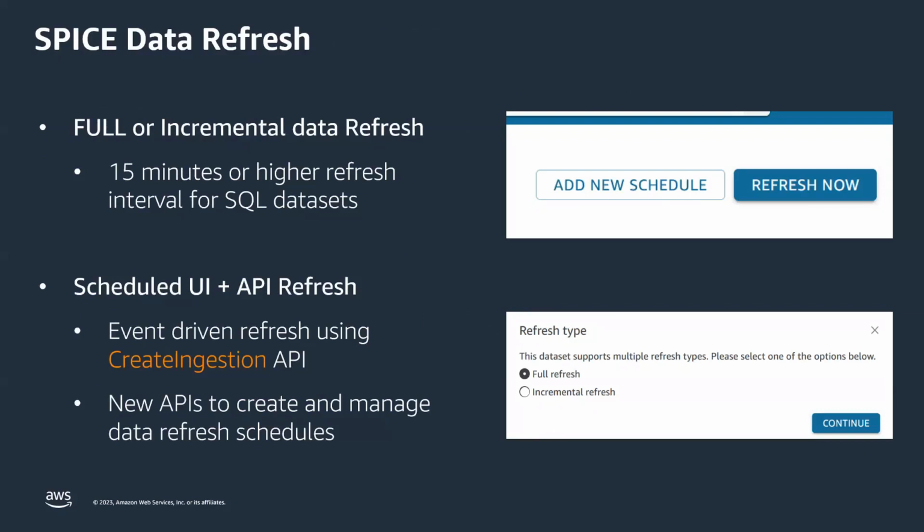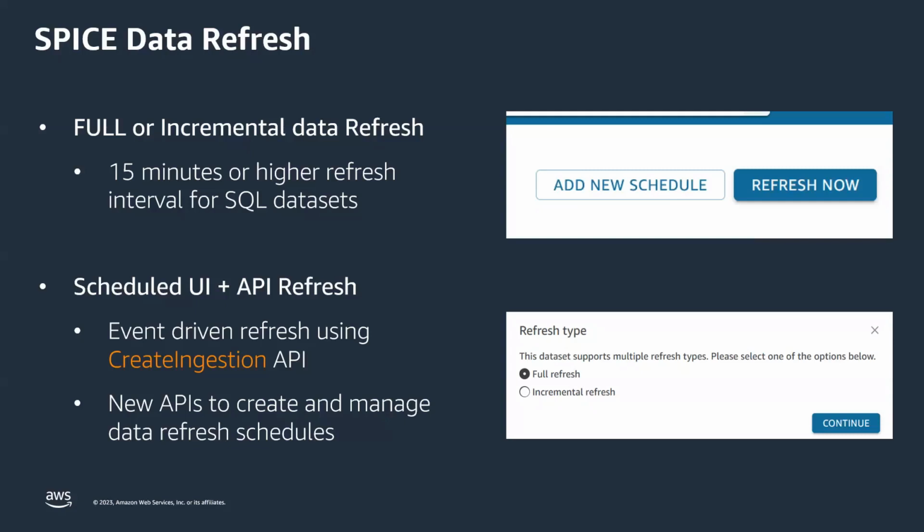When you do full, it refreshes the entire data set. When you do incremental, you have options to refresh the data set starting at a 15 minute interval. So you could do a 15 minute refresh, 30 minute refresh, say hourly refresh, daily refresh, or weekly refresh. So you have different options to refresh data.